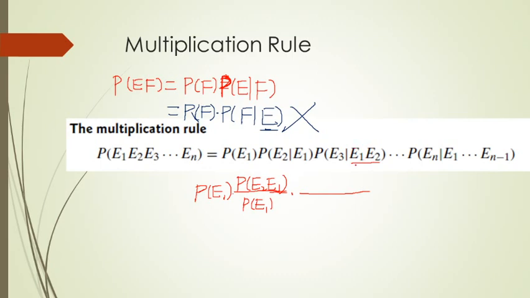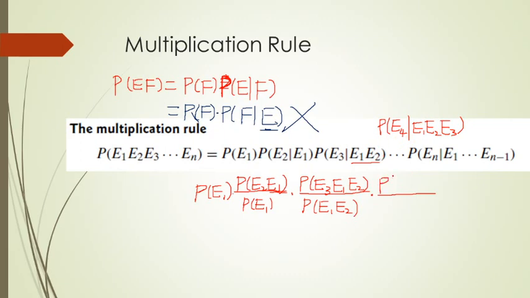Take E1 and E2 as the new event F. The probability of F is the denominator, and the numerator is the intersection of E3 and F. For the next one, the conditional probability of E4 given E1, E2 and E3, we rewrite it as the probability of E4, E3, E2, E1 over the probability of E1, E2, E3.